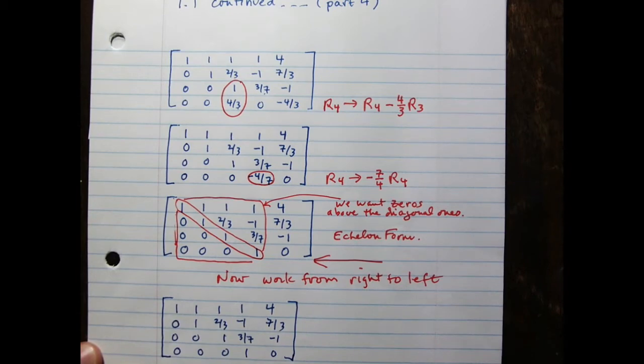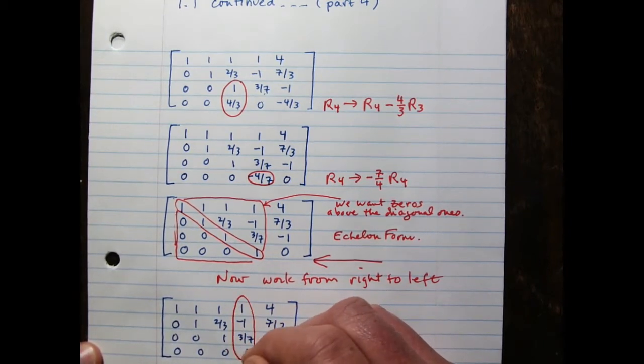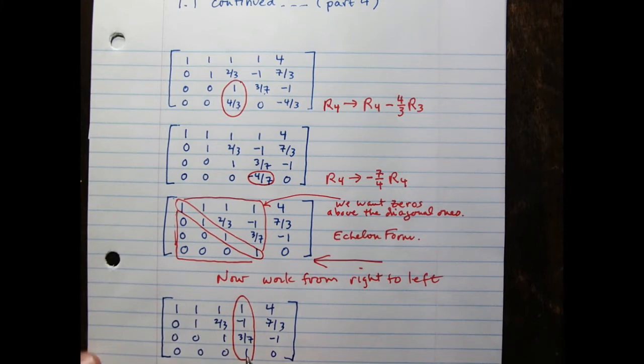So we're going to work right to left. We're actually going to start in this column, the last column where we got a 1 in diagonal position. And we want zeros above the 1. So we're going to change each row using a multiple of the fourth row, because we can make that fourth row 1 whatever we want.